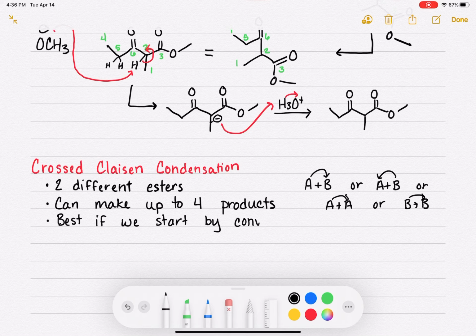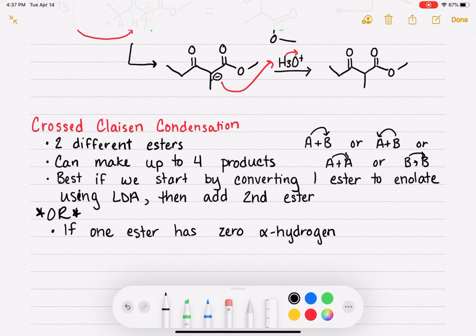Another option that we have for controlling a crossed Claisen reaction, and this is also one that we would have with an aldol reaction as well, is if one ester has no alpha hydrogen. If it doesn't have any alpha hydrogen, it can never be turned into an enolate, which means that it can only be attacked.